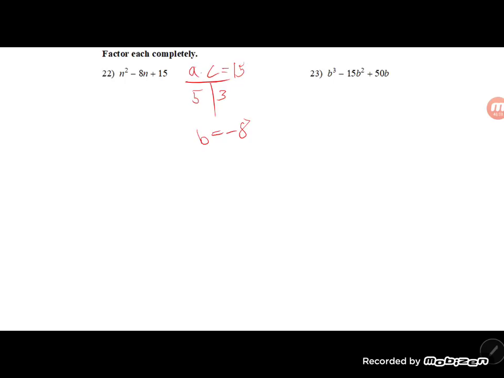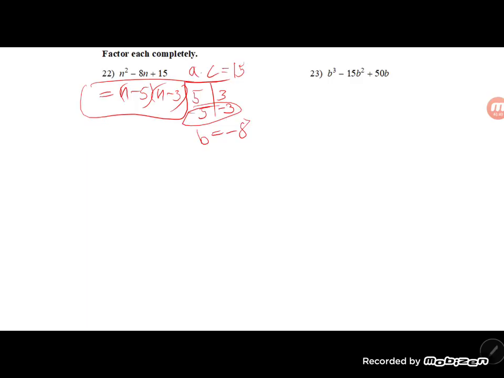They would add to positive 8. How can I make that happen? Well, I could say negative 3 and negative 5. And so then I found my perfect numbers. I can take my shortcut because a is equal to 1, and I'm just going to write n minus 5 and n minus 3. And those are my factors.